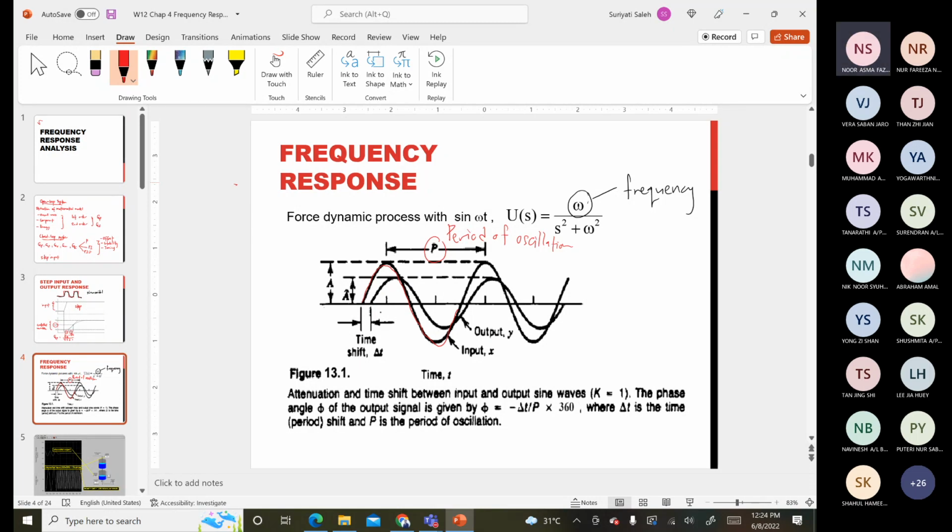This is sometimes important for the chemical process, where they need to keep the process running all the time. And if they make changes, it is just based on the sinusoidal input, where you can reflect the changes by changing the parameters inside the sine wave. For example, you just set the period of oscillation or the frequency based on your input.